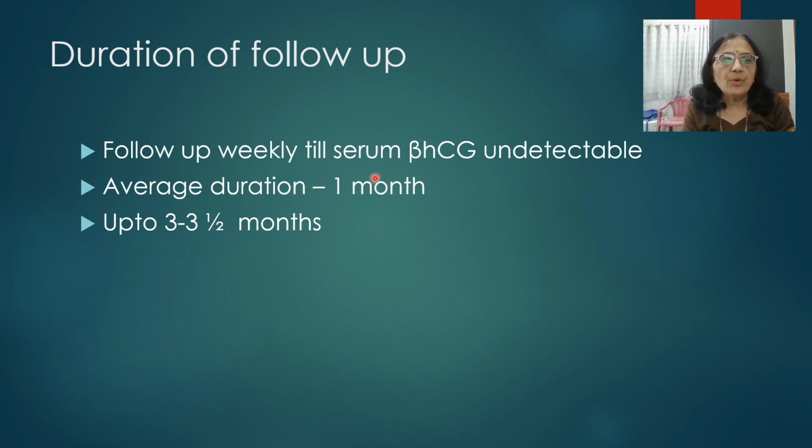Follow-up is necessary, weekly follow-up till beta-HCG becomes undetectable. So the duration for the beta-HCG to become undetectable is on average 1 month, but at maximum, a few patients might need it to be repeated for 3 to 3.5 months for beta-HCG to become undetectable.